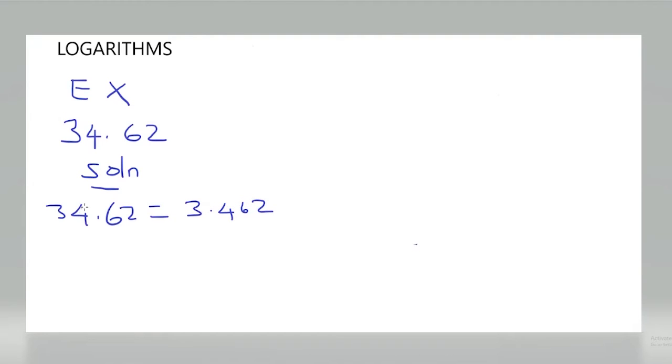Now I've just moved 4 to take this position. So I've moved only one number. So this one will be equal to 10 to the power 1, because I've moved only one number. Okay, now this is the answer for the standard notation of that number.